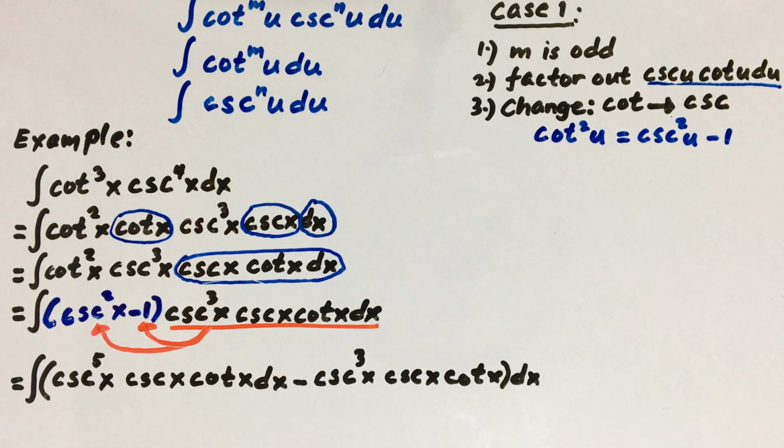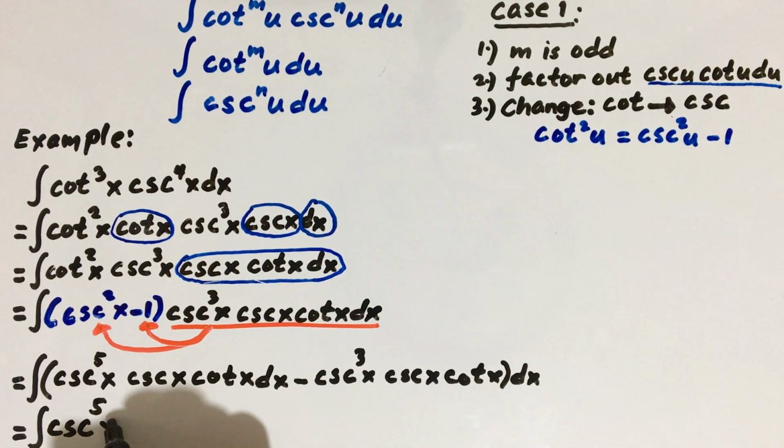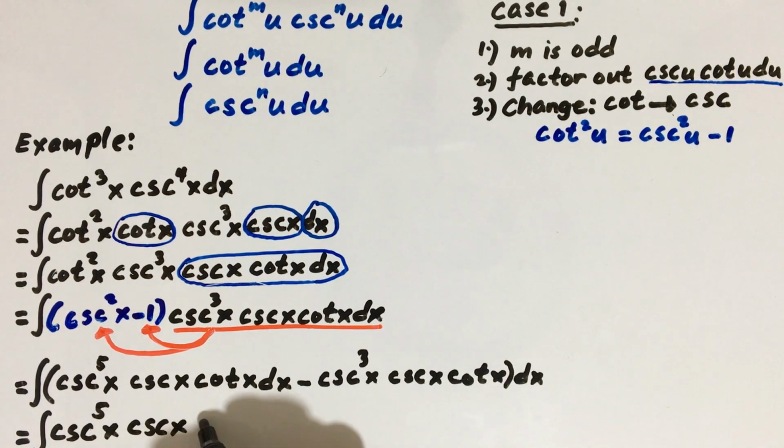Then distributing the integral sign and also the dx, we have to distribute this integral sign to each term, the first term and second term. So our integral function now is the integral of cosecant to the 5th power x multiplied by cosecant x times cotangent x.